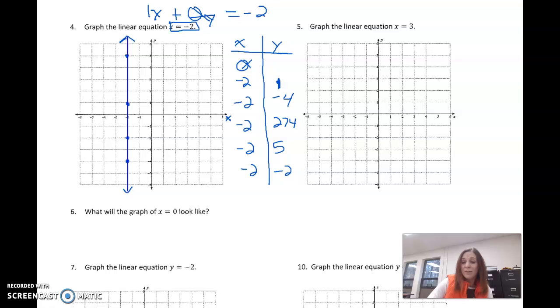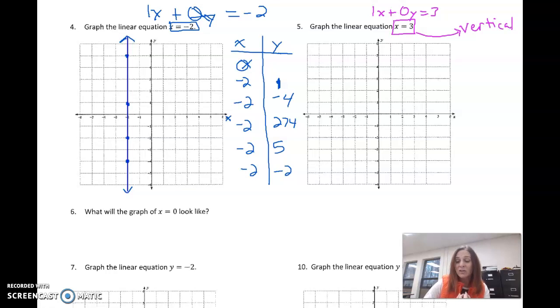Do you have to make an input-output table every single time? No. If we look at the next example, x equals 3, again remember that's 1 times x plus 0 times y equals 3. If you see that x always has to equal 3, you should know it's automatically going to be a vertical line. Why?